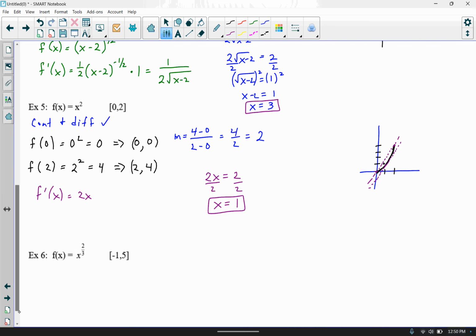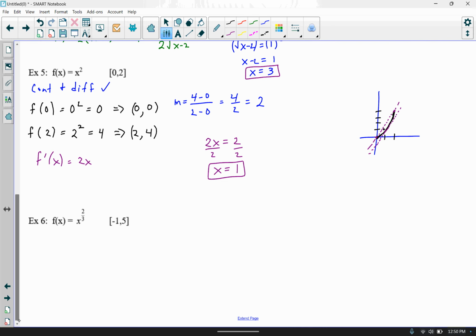Lastly, I'll come down to example 6. In example 6, here's our function, x to the 2/3, and our interval is from -1 to 5. So look at that graph. If I plug in -1, I'm going to get a positive 1. If I plug in 0, I get 0.